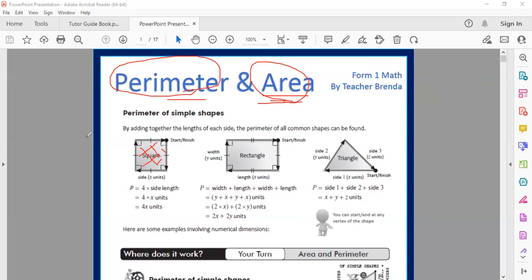Let's say you live in a house, or you're going to buy a house, or you see a house brochure, your father, mother picks up a housing, a condominium, a brochure. The first question they will ask is, how big is the house? Am I right? When they ask how big is the house, you tell me, are they talking about the perimeter or are they talking about the area?